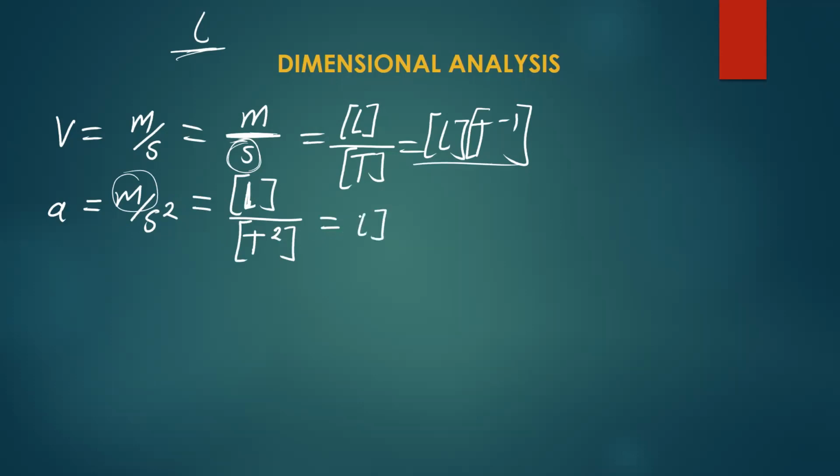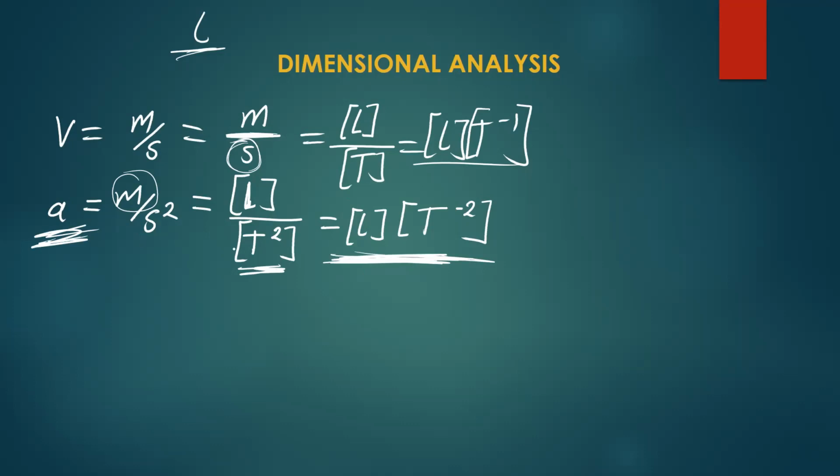This means that you're going to have L and then T to the power -2. So you have T to the power -2 there as one of the dimensions for acceleration. So these are the dimensions for acceleration. It's as simple as that.